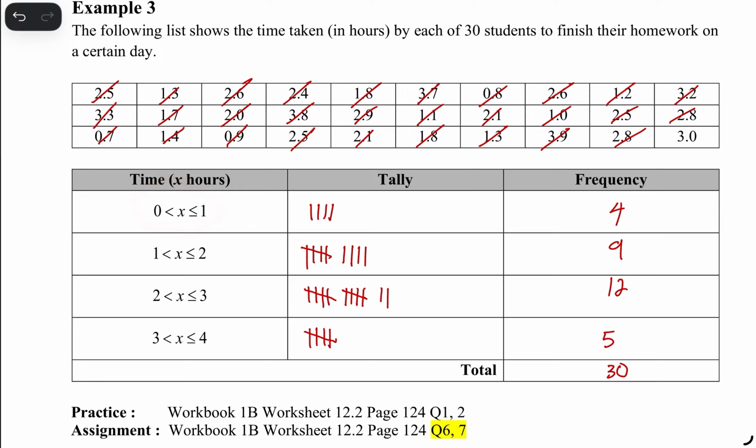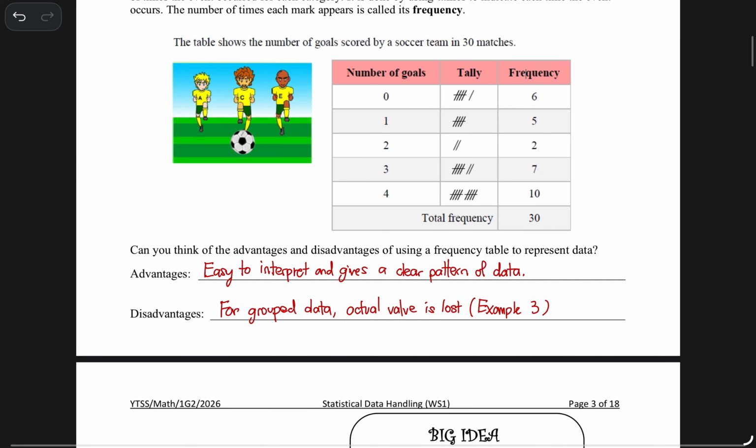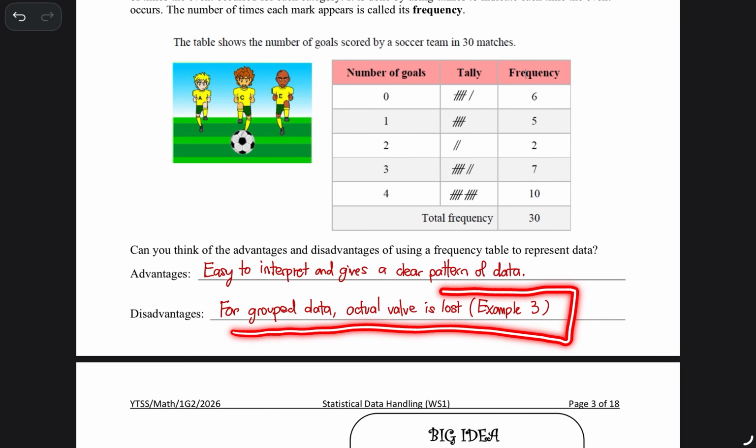It's very hard when I just look at this table, because this data is now grouped for all numbers between 0 and 1. I see 4. I know that there are 4 numbers between 0 and 1, but I don't know which number is 0.1. How many 0.2? How many 0.7? I wouldn't know because of this grouped data, which goes back to the disadvantage of using a frequency table that we went through earlier.